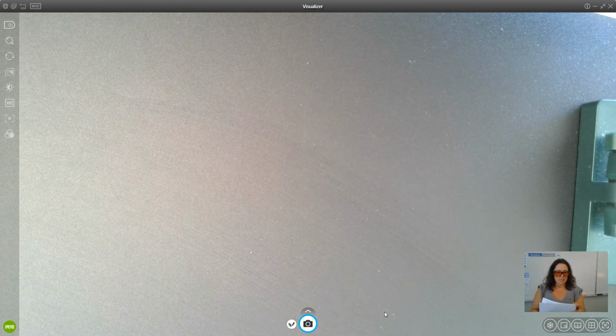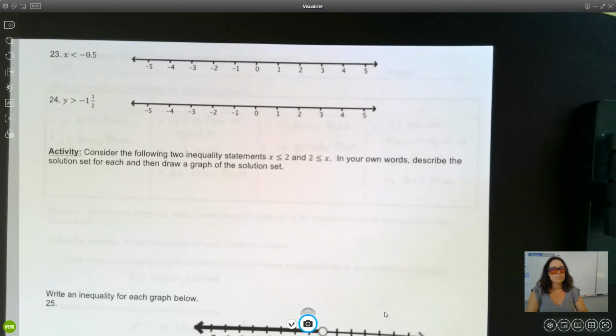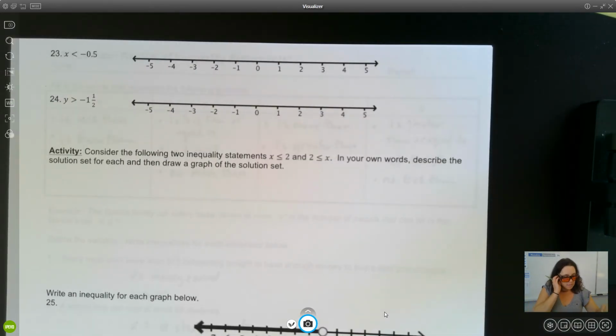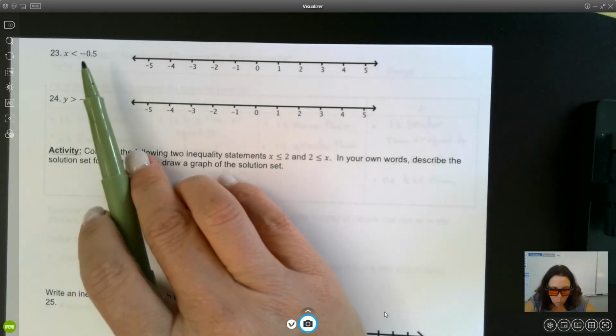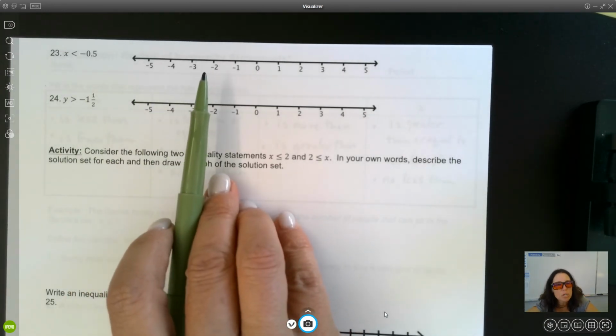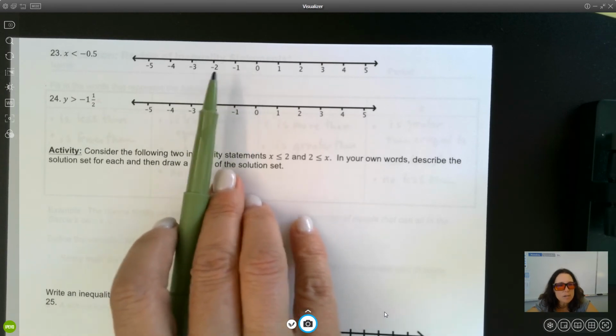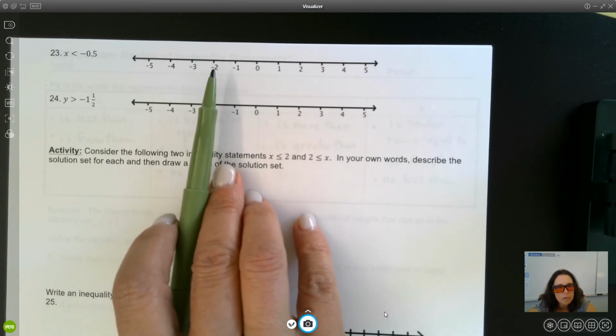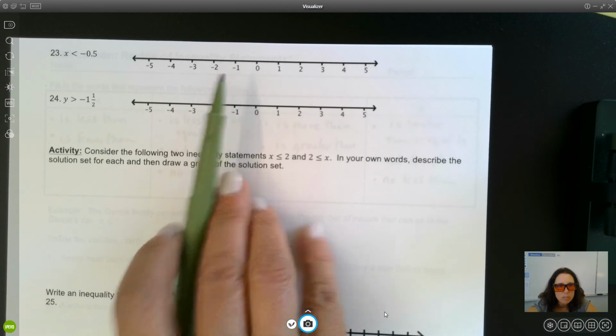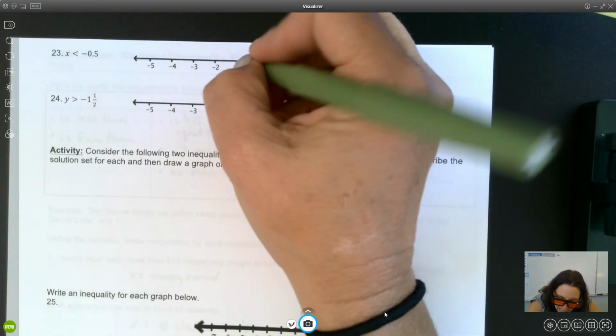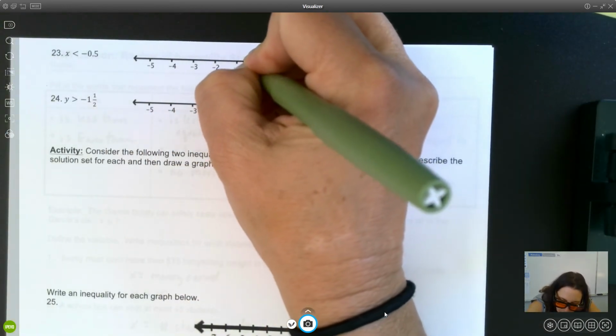All right. Last page, guys. All right, -0.5. So you might have to put a circle in between these intervals. They're not always going to land on a perfect number that's labeled, okay? So -0.5 would be here.